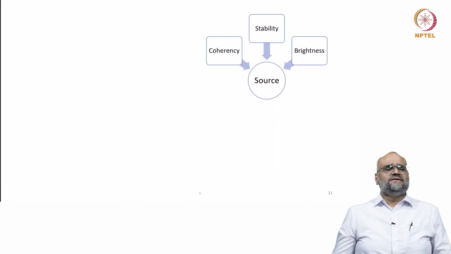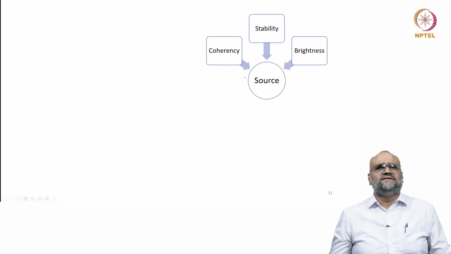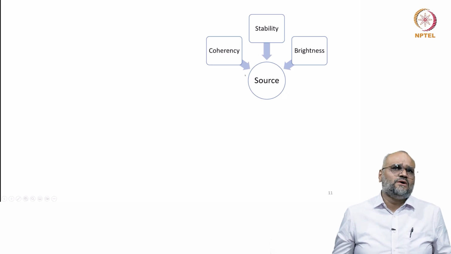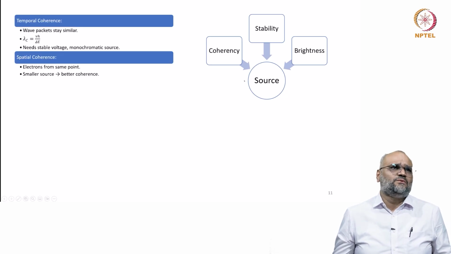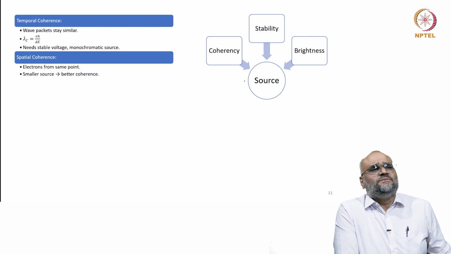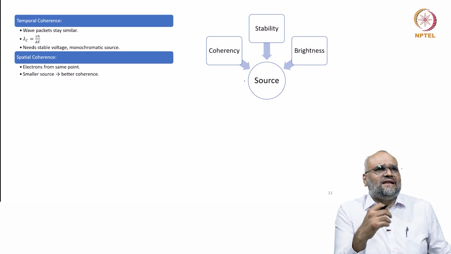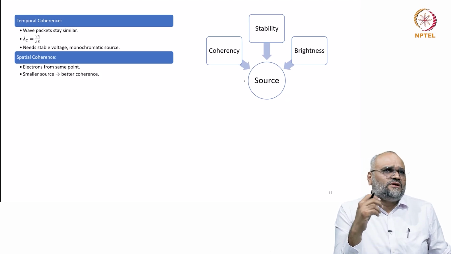So if you look at what the source influences in a microscope, firstly it is the coherency. Within coherency, you have two kinds: temporal coherency and spatial coherency. By temporal coherence, you mean the electrons emitted from the source all have more or less the same voltage.